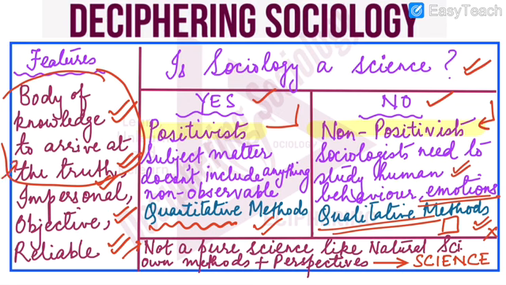Truth means the truth about society, about social institutions, about marriage, economy, polity. Why is this happening? What is the result? Under what circumstances does suicide occur? So we are ultimately trying to develop a body of knowledge. That is why sociology is a science and it has its own set of methods and perspectives. But it is not like natural sciences. Okay.